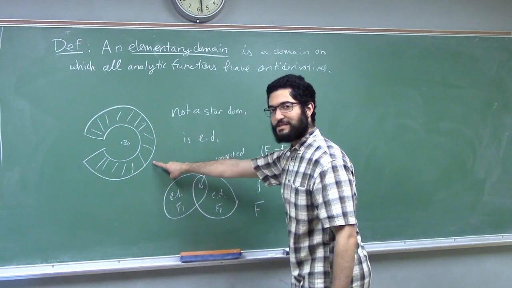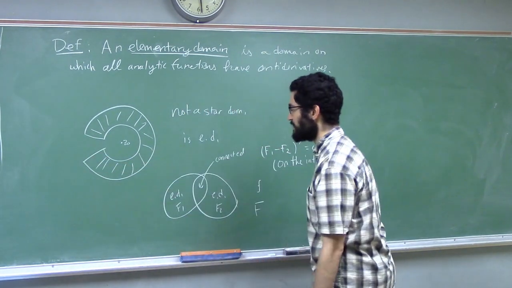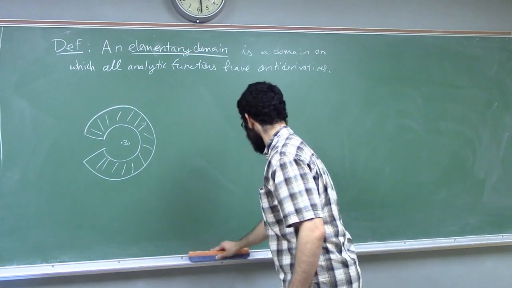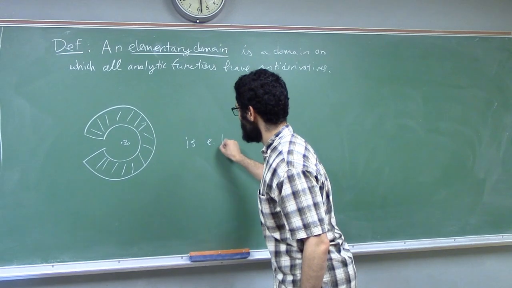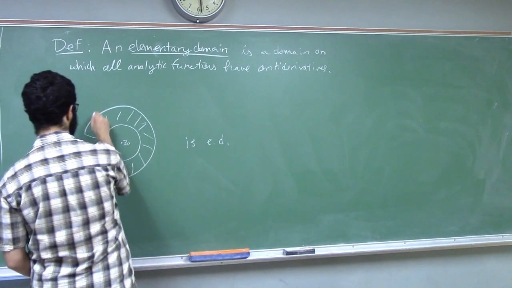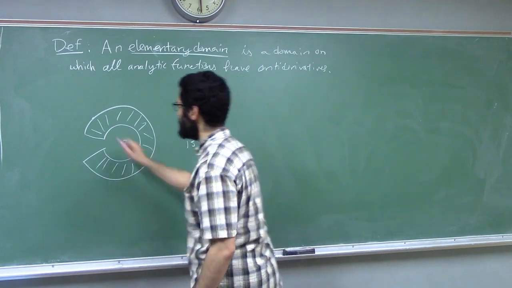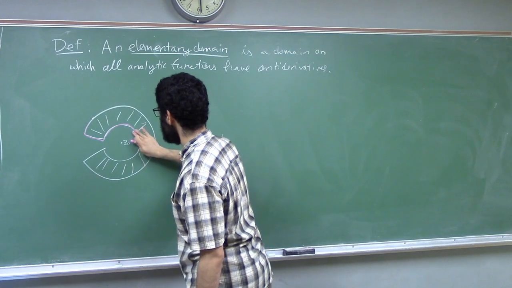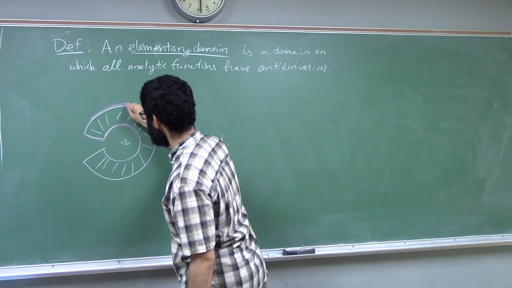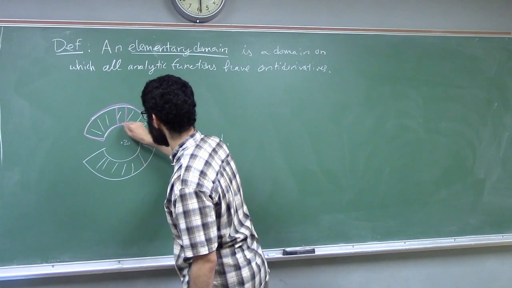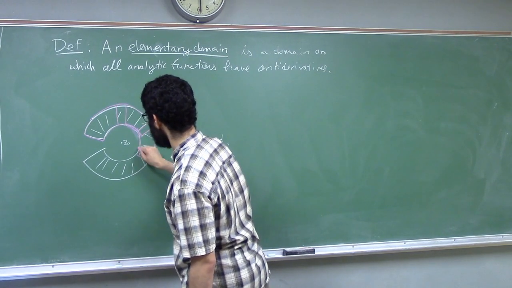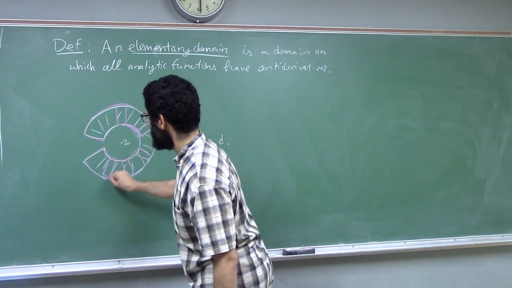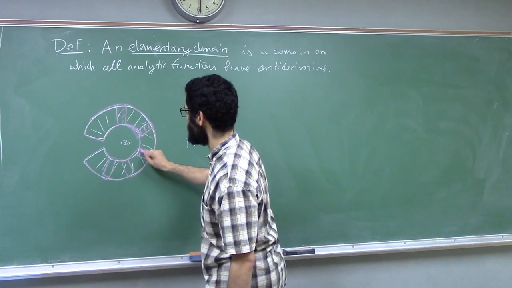For example, this annulus that has had a bite taken out of it. So, for example, you could view it as, I don't know, you could just build it in chunks like this, where each chunk is a star domain, and the overlaps are connected sets.